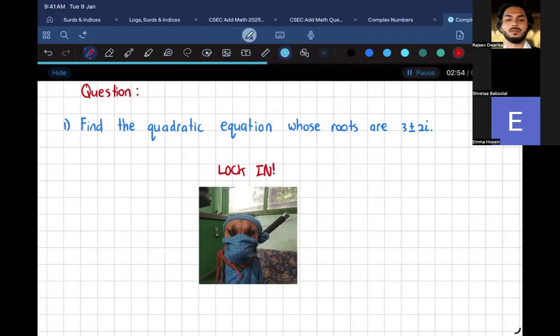So, Emma, would you have learned how to find the square root of a complex number? Okay, cool. I'm gonna give all of this some nice homework.